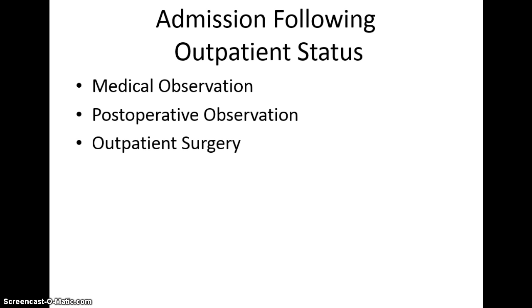Coding guideline J relates to various different outpatient surgery situations. A patient undergoing outpatient surgery may be subsequently admitted for continuing inpatient care at the same hospital. If the reason for the inpatient admission is a complication, you would assign the complication as the principal diagnosis.